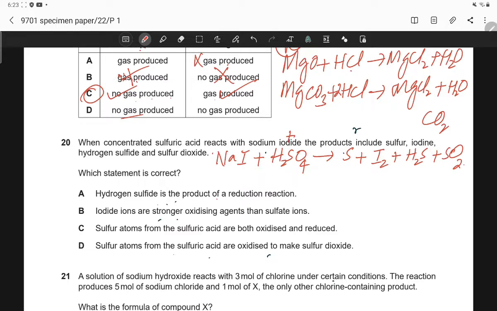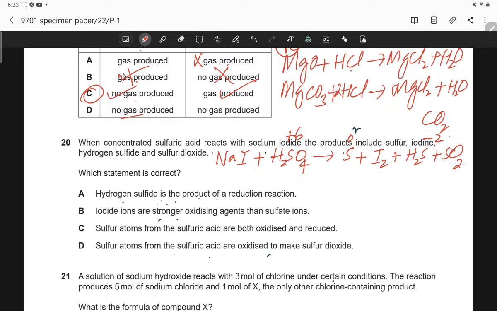S is plus 6, and over here S is minus 2, S is 0. Is the reduction reaction. Iodide ions are a stronger oxidizing agent than the sulfate ions.